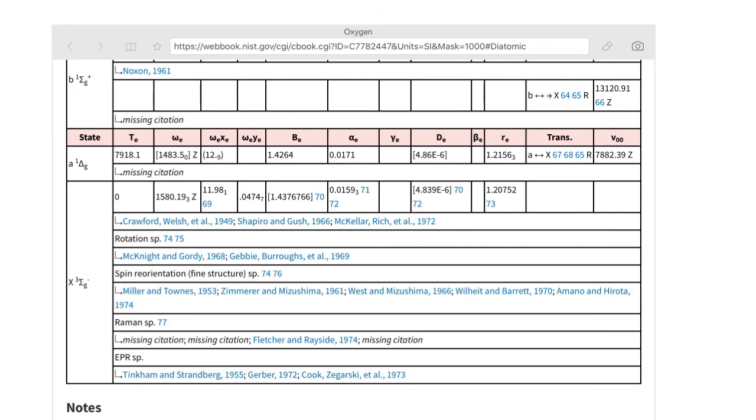So when you see the _1 or _7, that's telling you that for the omega E Y E, it's 0.0474 plus or minus 0007 wave numbers. So that last digit is telling you something about the uncertainty in the values, just to give you a sense of what this table's telling you.